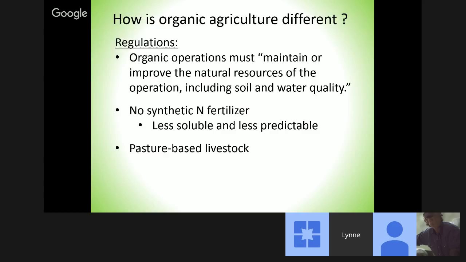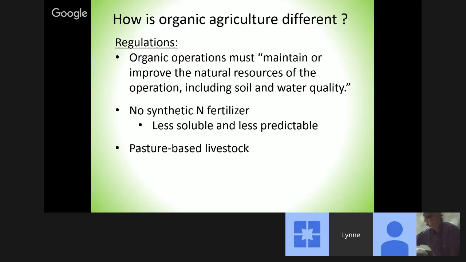So in terms of the regulations, there is a statement in the NOP regulations that organic operations must maintain or improve the natural resources of the operation, including soil and water quality. So this would relate to greenhouse gas balances by affecting the amount of carbon sequestration or release from the soil.